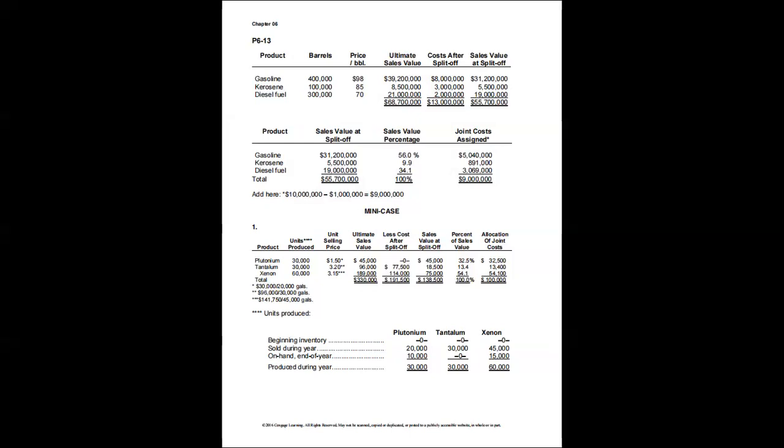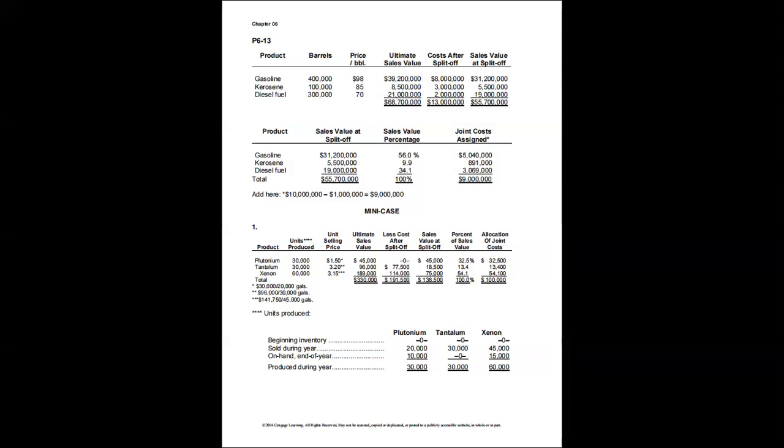Then for sales value at split off, we have 45,000, 18,500, and 75,000. Percent of sales value is now taken by dividing 45,000 by 138,500. So we now get the total of 100%. Allocation of joint cost of 100,000.